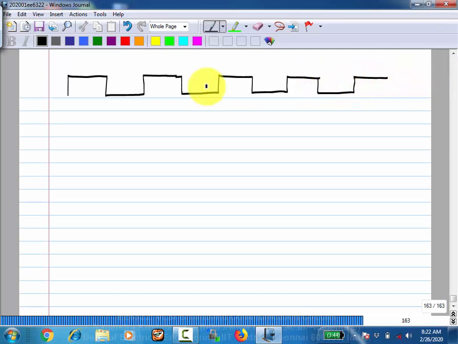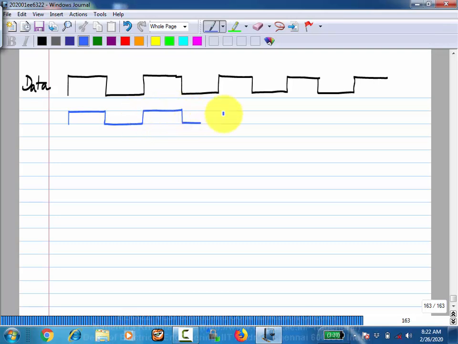Something like this. This is data. Now let's imagine another signal which is going on like this.